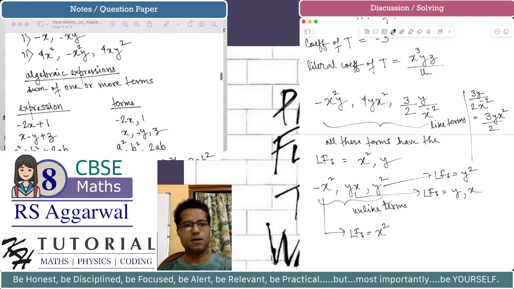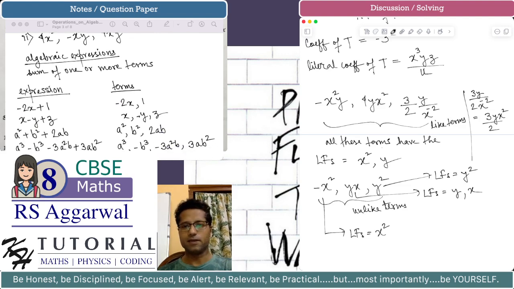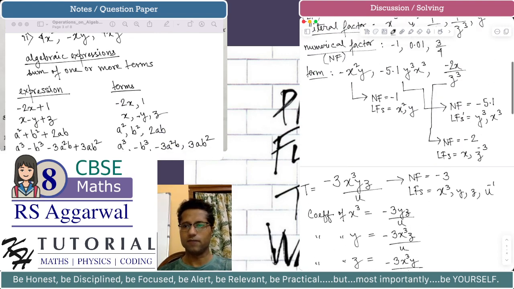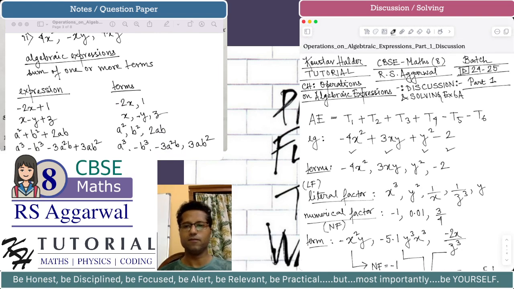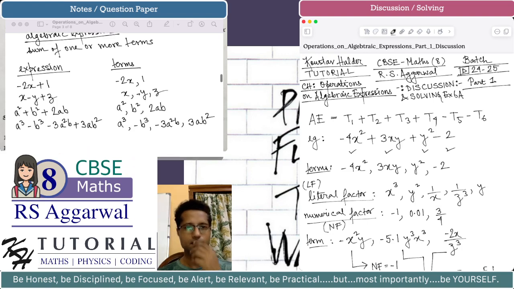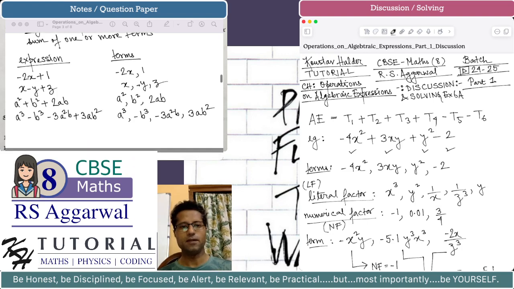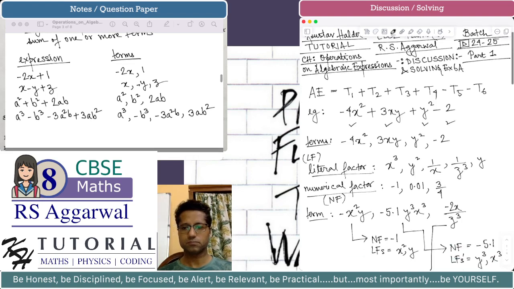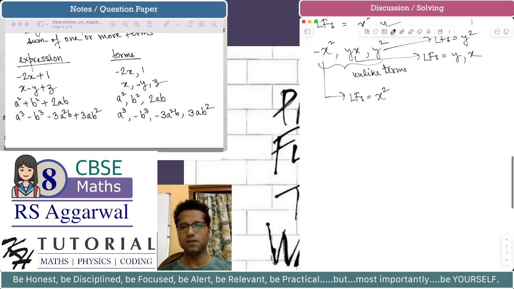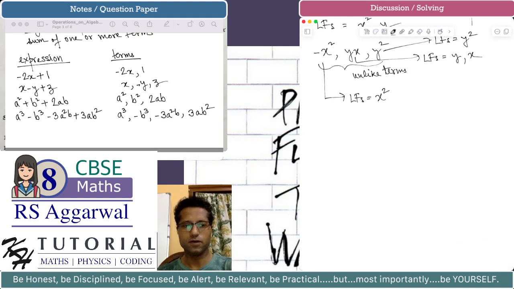What else? Okay, now algebraic expressions. As I have already discussed in the beginning, what is an algebraic expression? An algebraic expression is a combination of one or more terms which are connected by plus or minus, that is, addition or subtraction operations. In the quick notes you will see some expressions and their corresponding terms, so you must be very clear about the terms of a given expression.